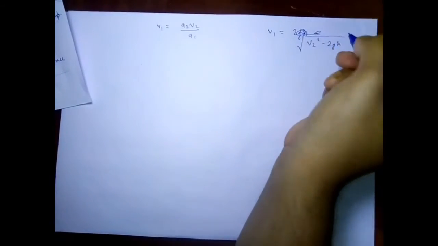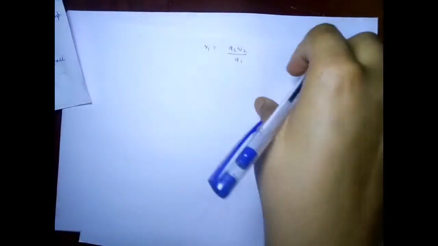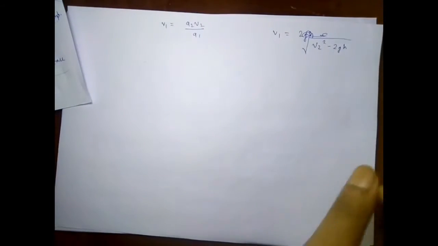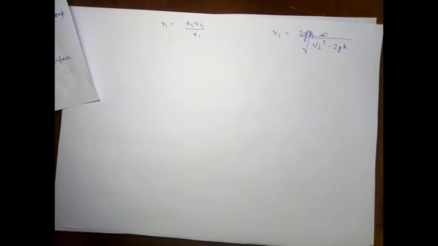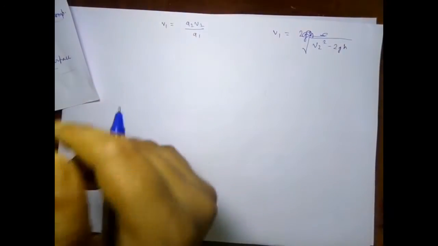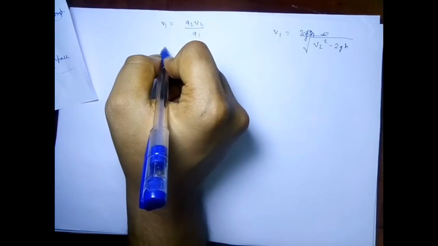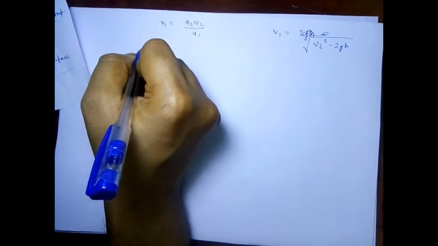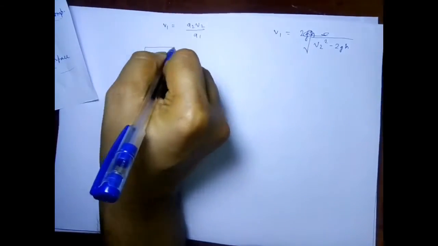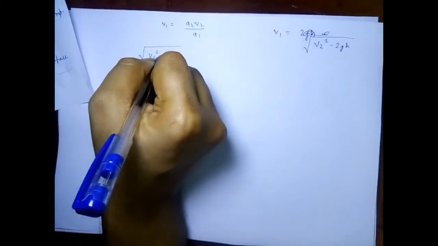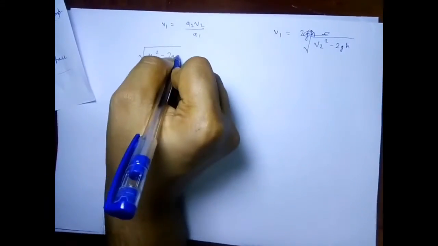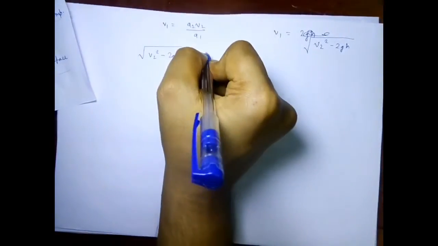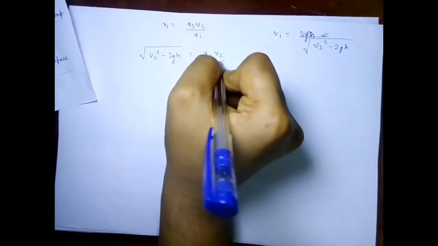So using this one in place of this equation, I can write V1 as square root of V2 square minus 2GH, and that is equal to A2 V2 upon A1.